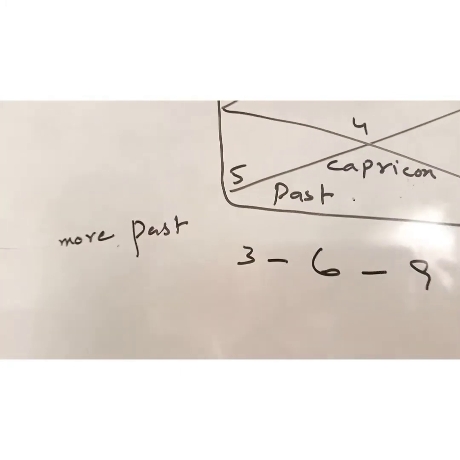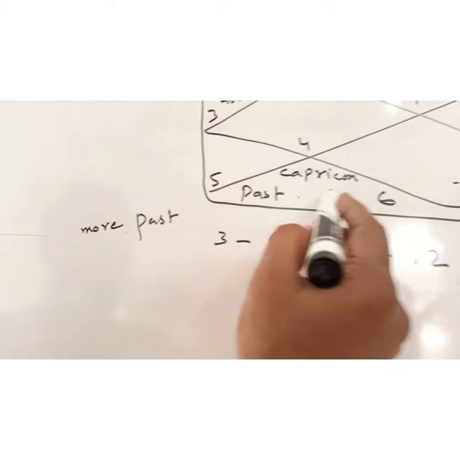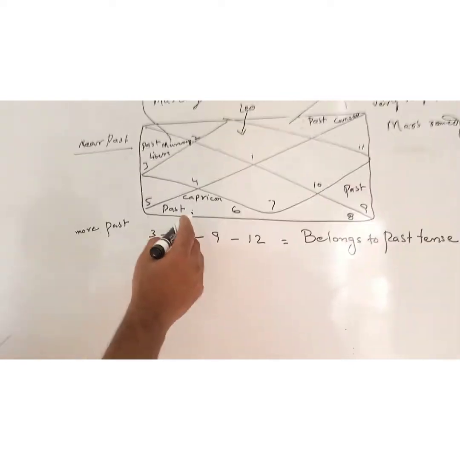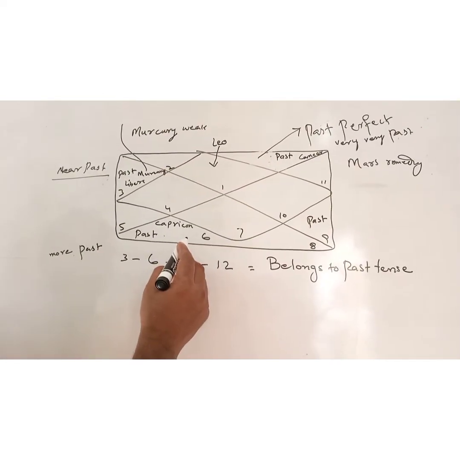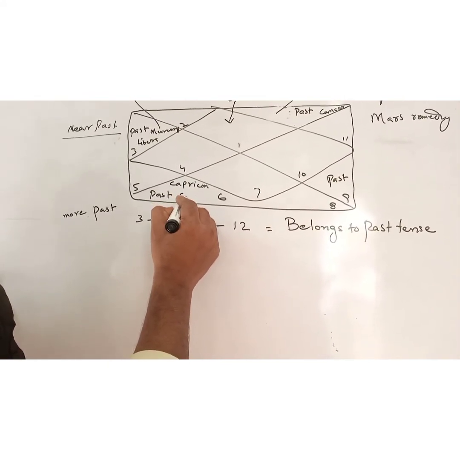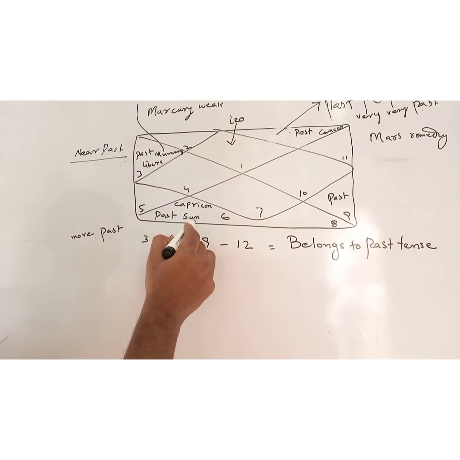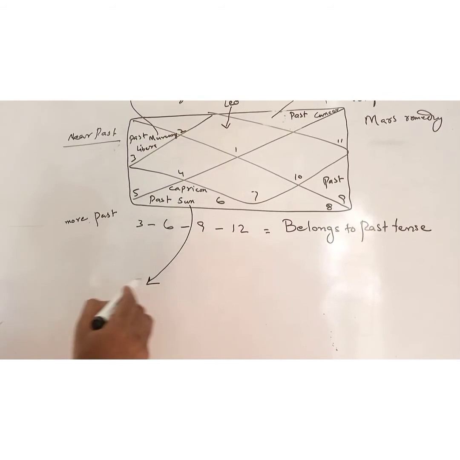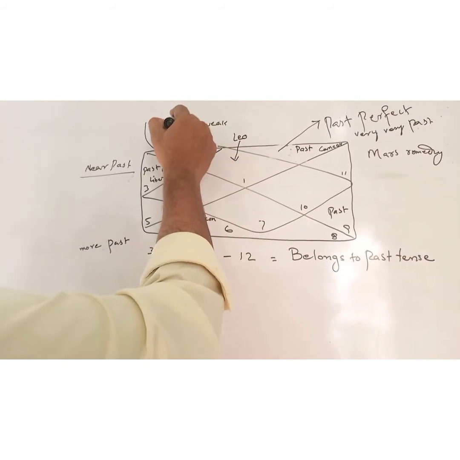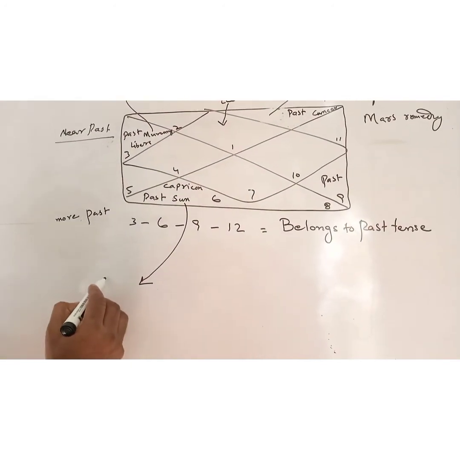This house belongs to more past. And if any star is here, either reverse or retrograde or weak, suppose here is Sun, then we can do the remedy of Sun. Here we do the remedy of Mercury. Here we do the remedy of Sun.